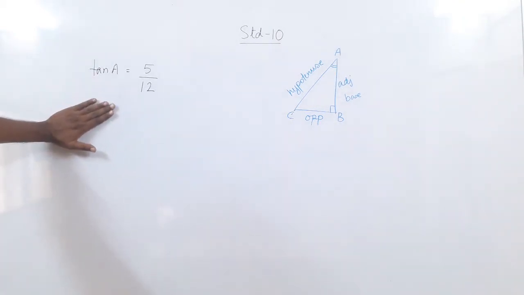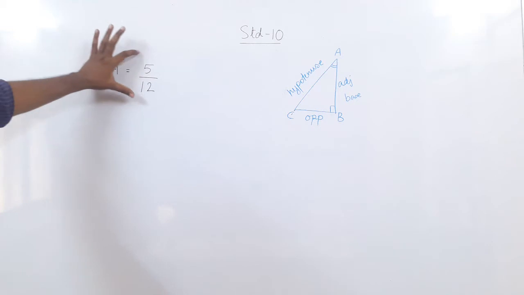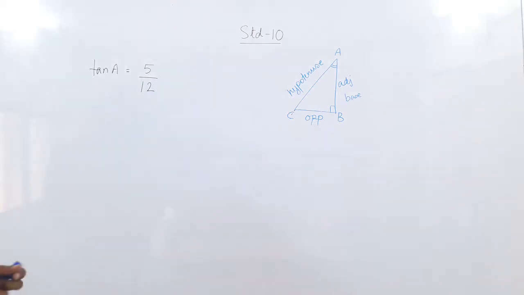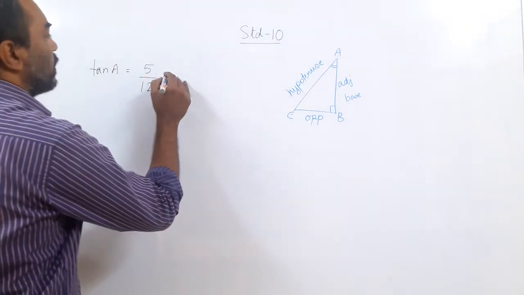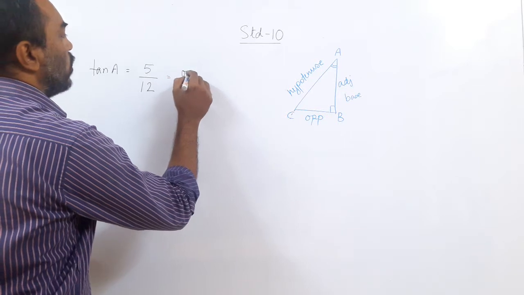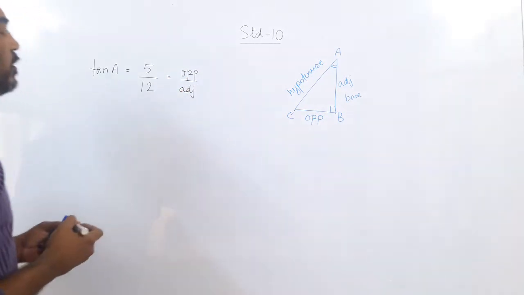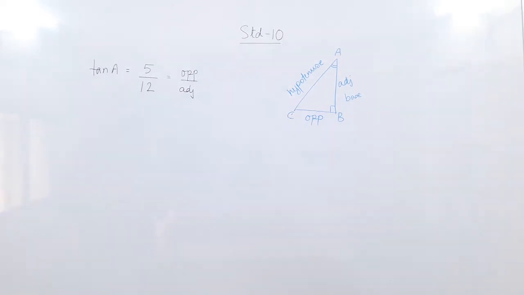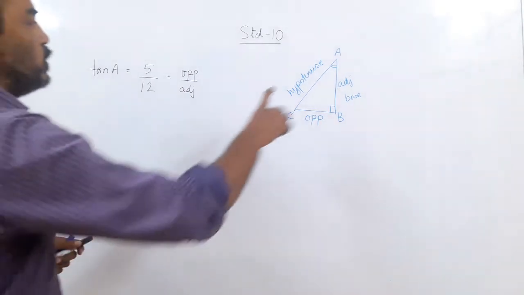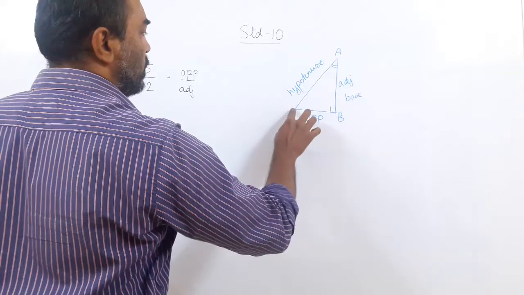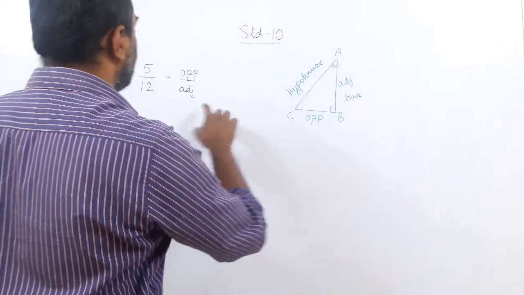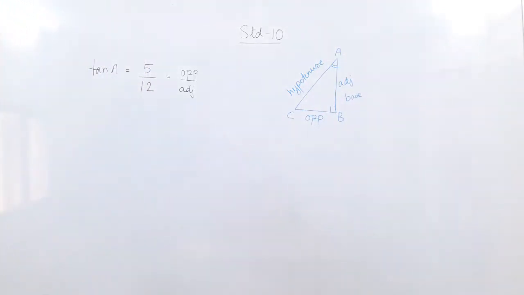First look at the sum. Tan A is equal to 5 upon 12 means, what was tan? Tan was the ratio of the opposite side to the adjacent side. Means, if you divided the length of the opposite side by the adjacent side, you would get 5 upon 12.